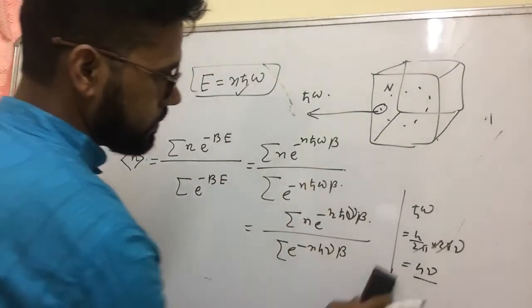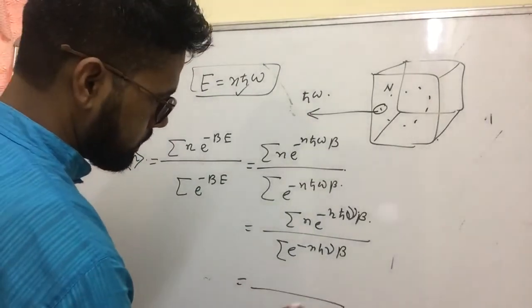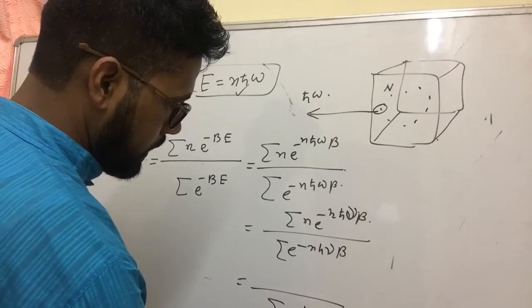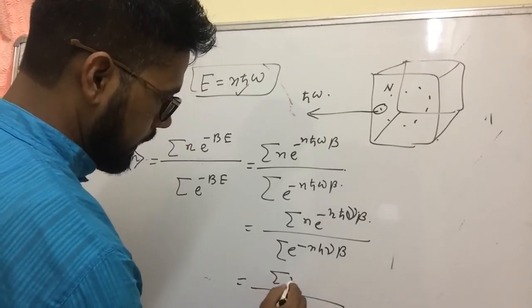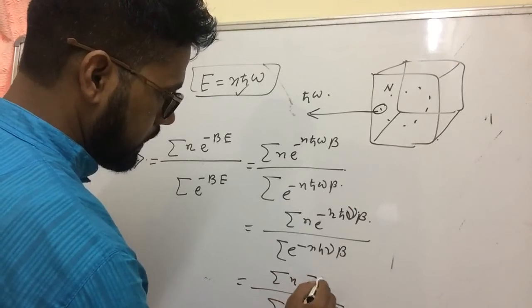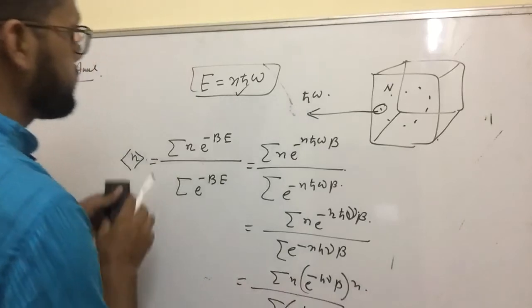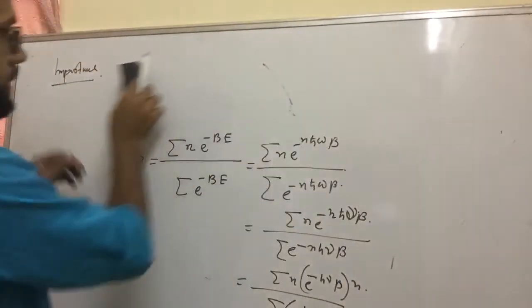Now, if I take this value, can I write it like this? e to the power minus h nu beta, to the power n, then n e to the power minus h nu beta, to the power n. I am removing this part.